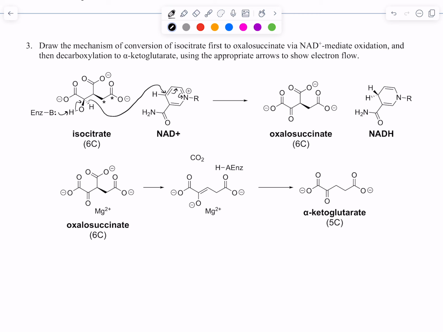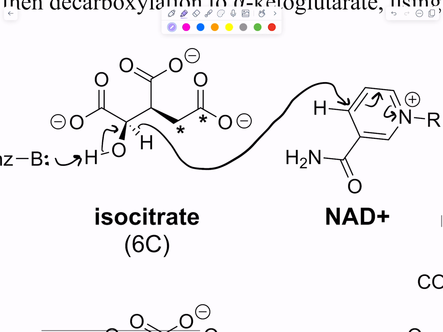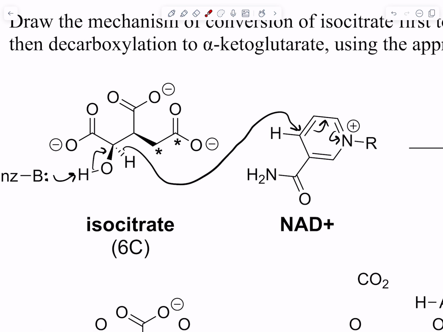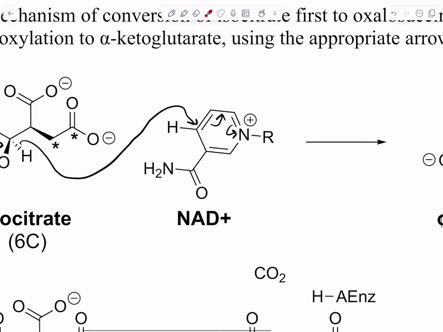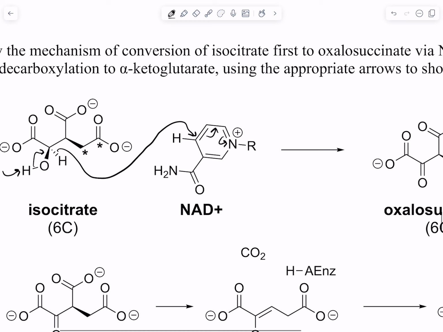Is there a way you want us to show specifically the hydride leaving versus just the hydrogen? Should we circle the hydrogen and its electrons? No, that's actually implied by this arrow. Okay. And then for the NAD plus, if you drew arrows like that and then showed its resonance form, with the arrows pointing to the same spot?